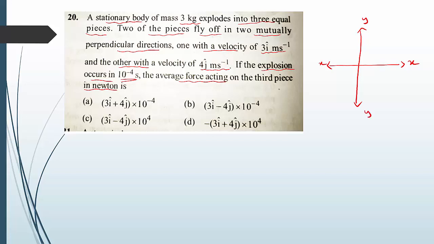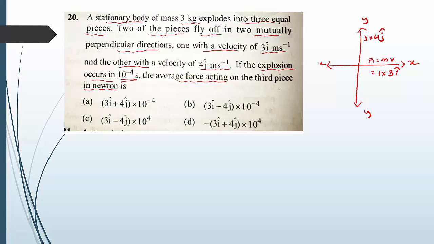This is mass into velocity, momentum P1. The mass of each part is the same, that is 1 kg. So we can write 1 into velocity 3 i cap. This is for the first part. Then the second part is having velocity 4 j cap, which means we go along the y axis. Mass is 1 and its velocity is 4 j cap.